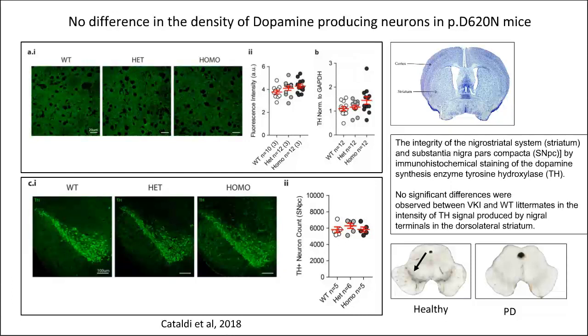And this tells us that at 3 months of age, these mice do not have typical signs of neurodegeneration. It may occur later in the lifetime of the mouse, but at 3 months of age, when the study was conducted, the mice do not have gross differences in the total number of dopamine-producing neurons.